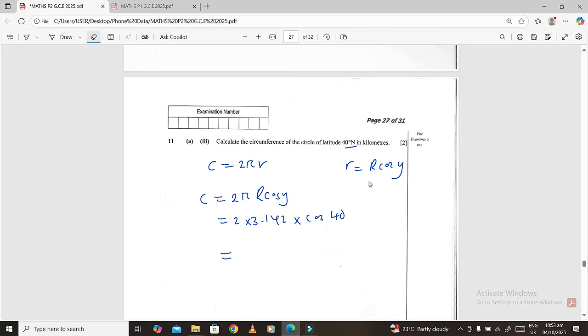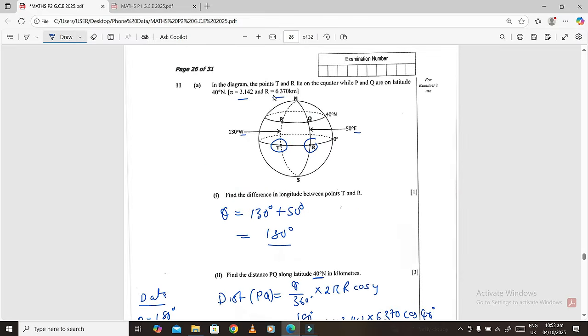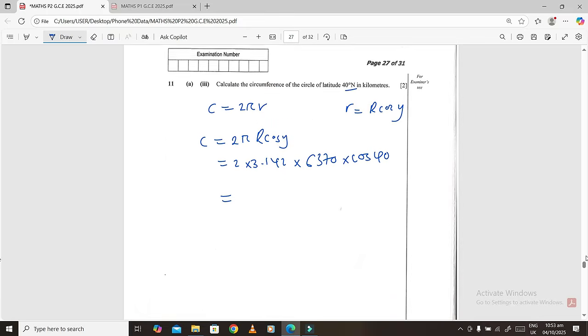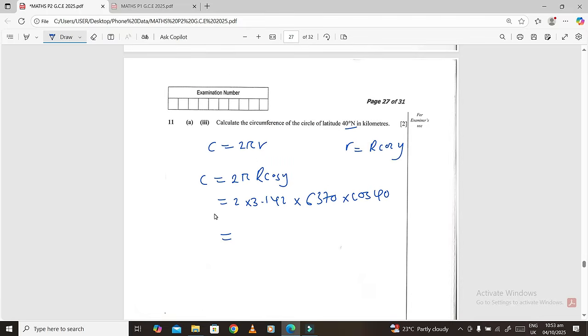We need to write R. So the R here, capital R, it's 6370 times cos 40. When you check the question here, they've given us the R, which is 6370, and it's what we are using here. So we can say 2 times 3.142 times the R, that is 6370 times cos 40.